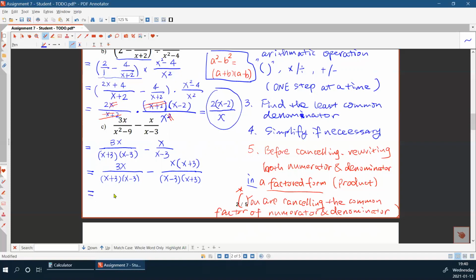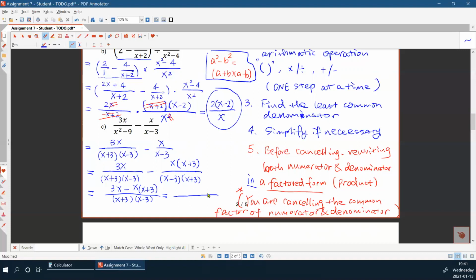Okay, next, now we can do the addition here. Okay, rewrite them in the common denominator. First term, 3x minus x times x plus 3, right?